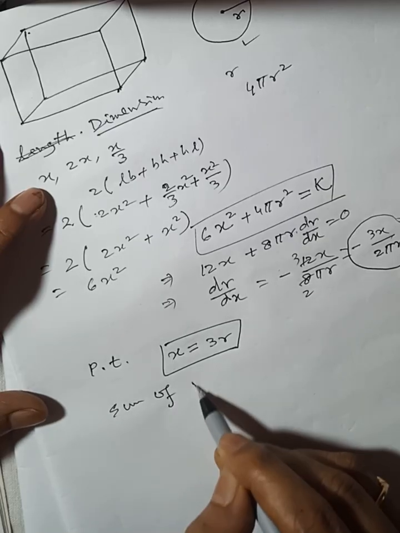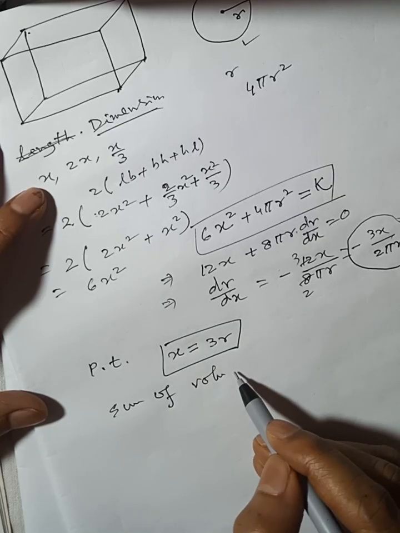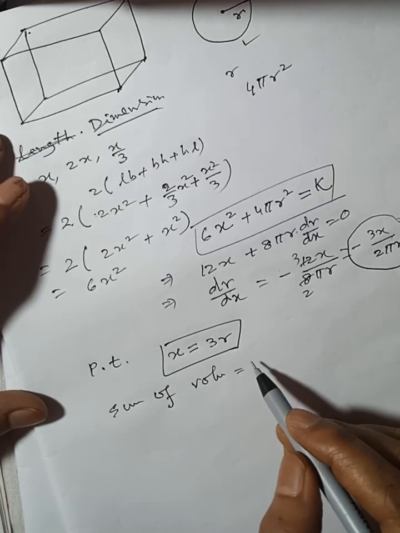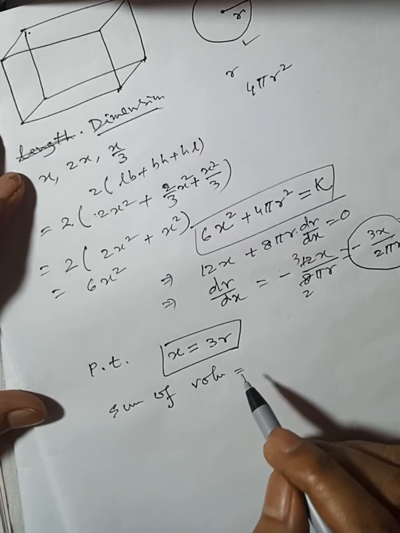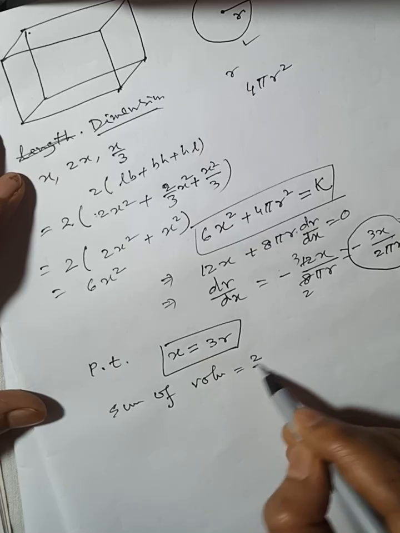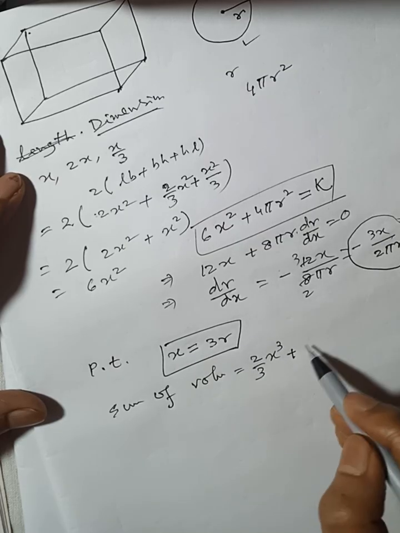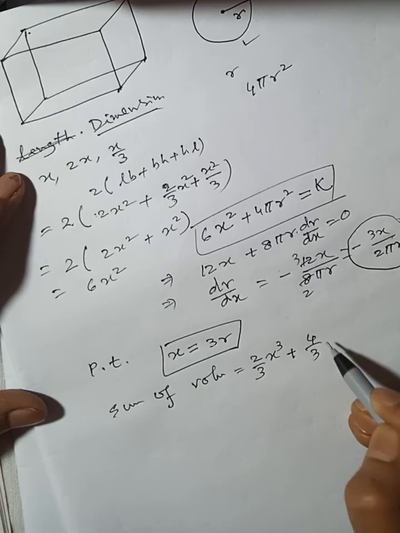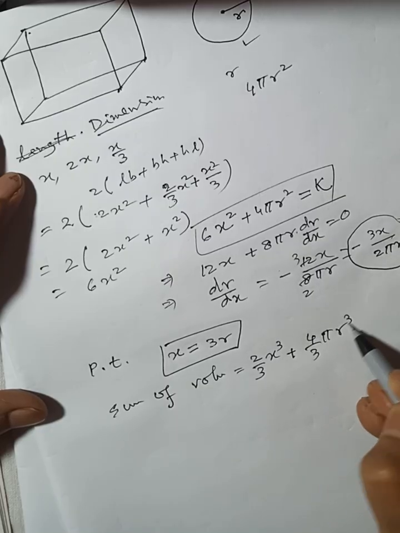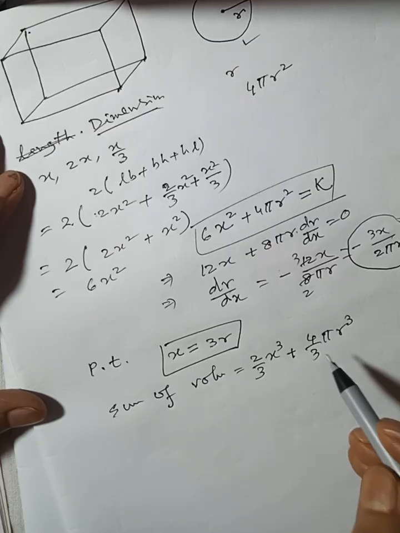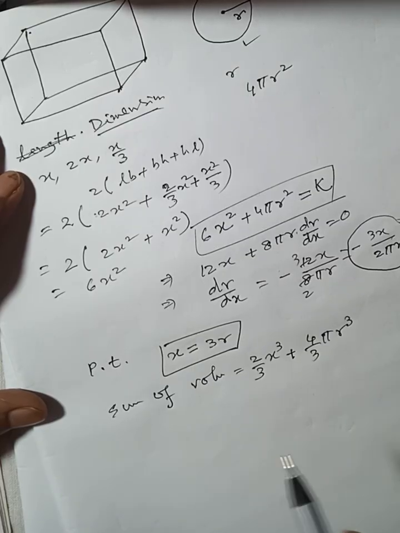Sum of volume equals volume of cuboid, length into breadth into height, which is 2 by 3 x cube, plus volume of sphere, 4 by 3 pi r cube. So this will be minimum.